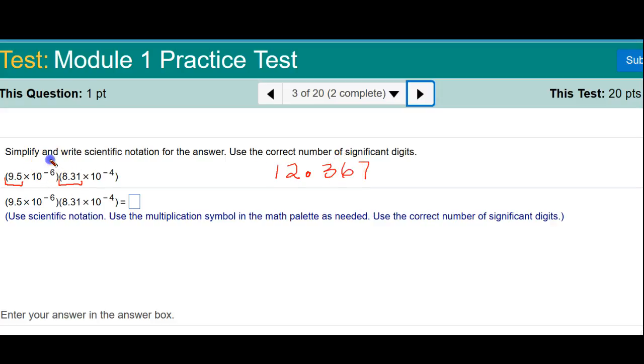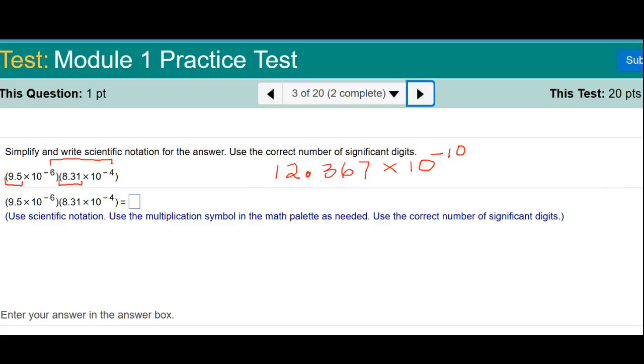Then you will work on your exponents, powers of 10, where you just add them together. And this one is going to be, let's say, a negative 10. So we're just adding the exponents. Now this is what you get, but this number now is not in scientific notation. It has a number greater than a number between 1 and 10.